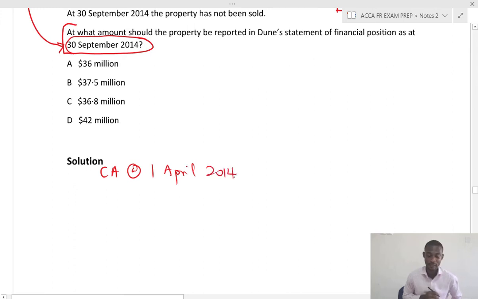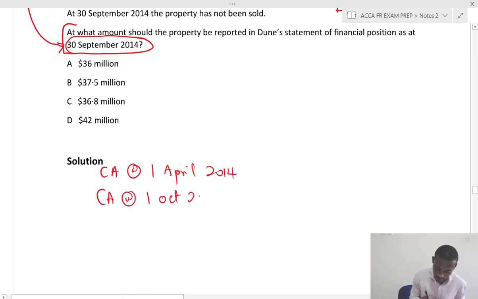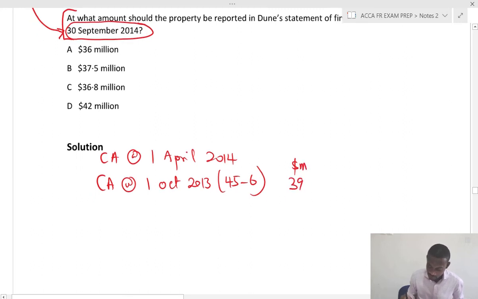That would be carrying amount at 1st October 2013, which was 45 minus 6. Let's say that gives us 39 million. Then we need depreciation for 6 months. Because the property is depreciated over 15 years at the cost of 45, the depreciation would be 45 divided by 15. That should give us 3 million per annum.